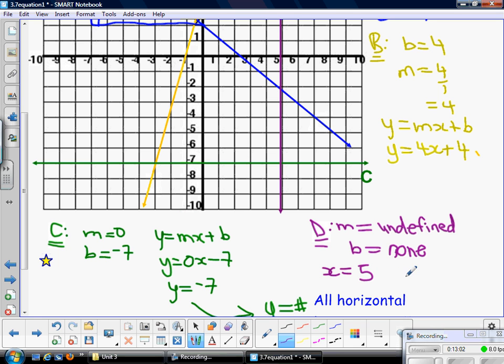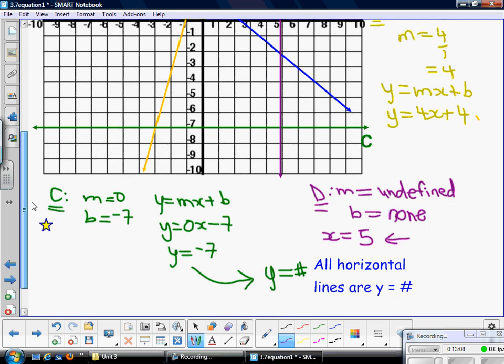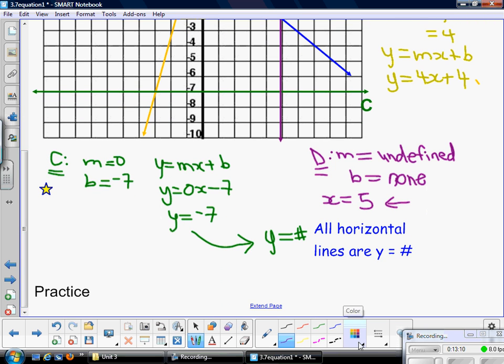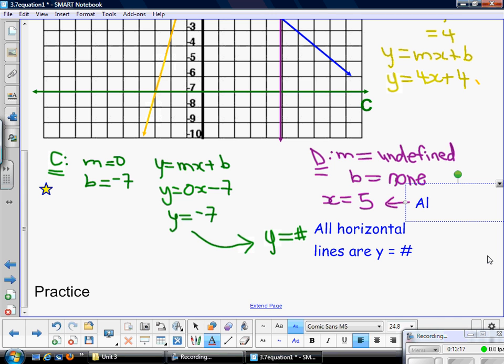Okay, so the same is true here for all vertical lines. They will be in the form x equals a number. So I'll type that as well. All vertical lines are x equals a number.